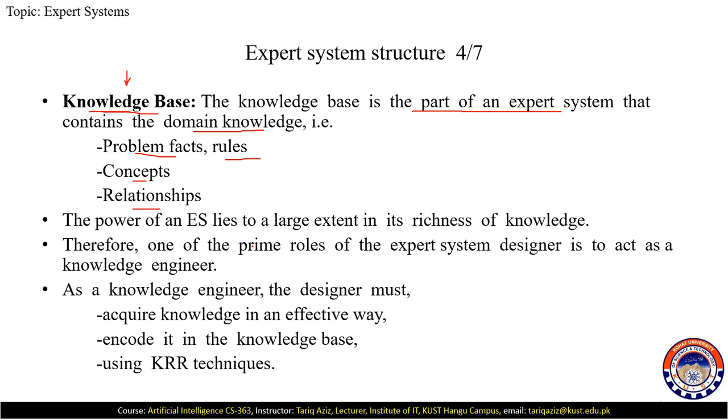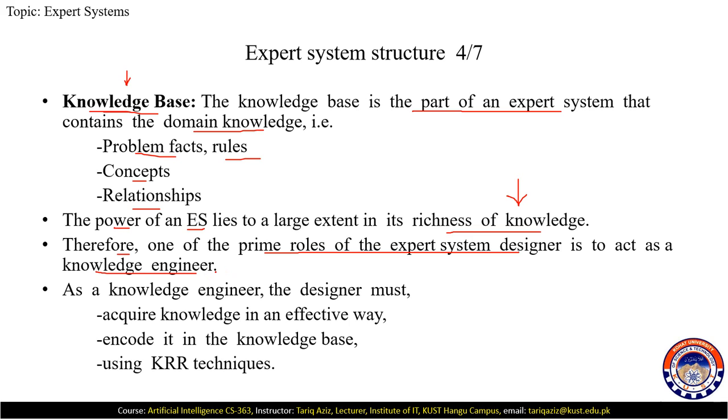Now here it says, what is the main element for an expert system, or what is the power of an expert system? It's the richness of knowledge. So if we have rich knowledge, then the expert system will perform well. Therefore, one of the prime roles of the expert system designer is to act as a knowledge engineer.